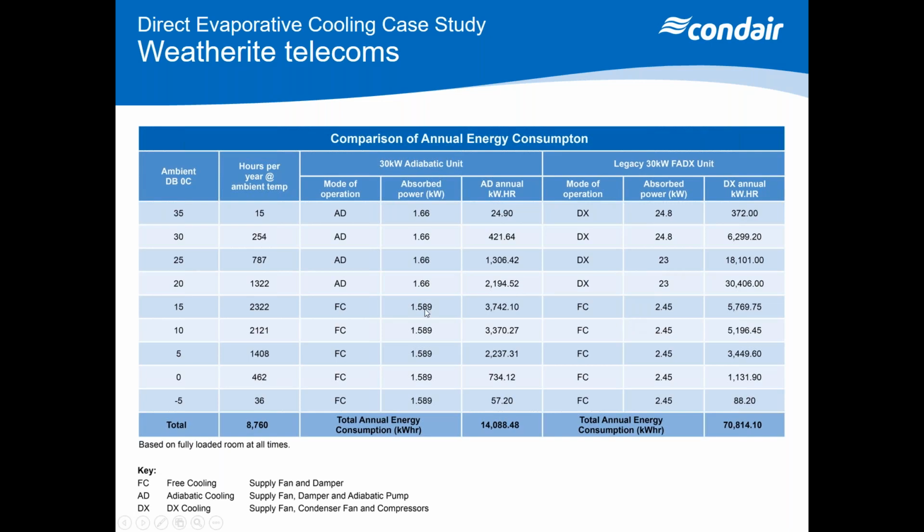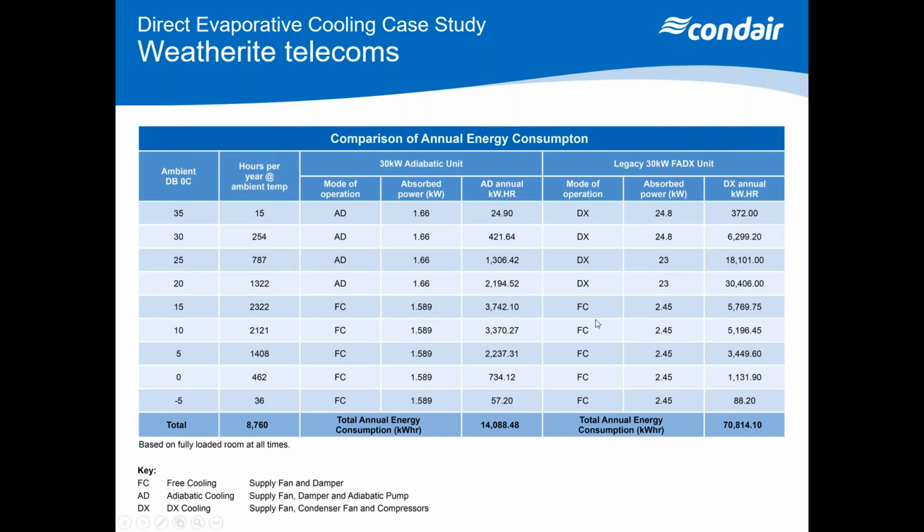There are slight changes, with the absorbed power being 1.589 kilowatts for the adiabatic unit, where we're just bypassing that damper and mixing fresh air with circulating air, as opposed to 2.45 kilowatts for the legacy equipment. And we've got some savings there by having a more efficient fan motor, a more efficient fan blade.